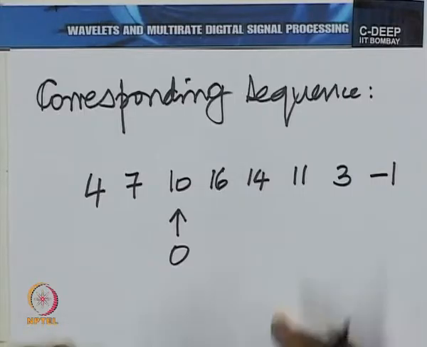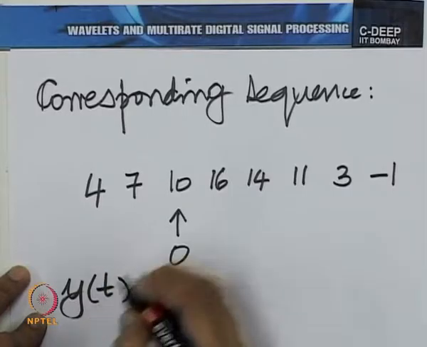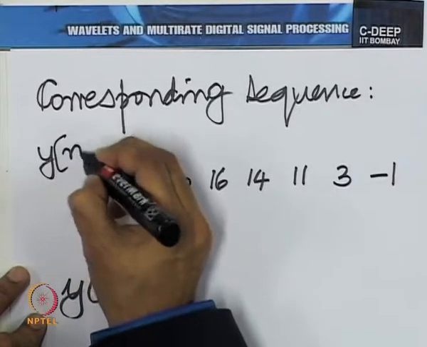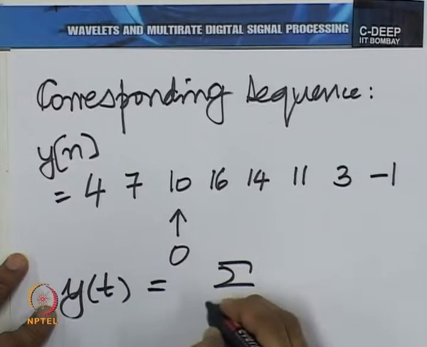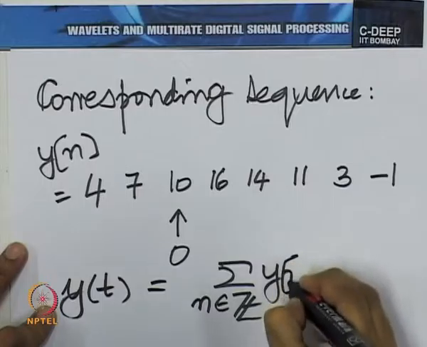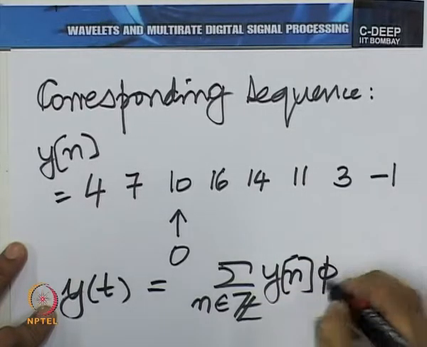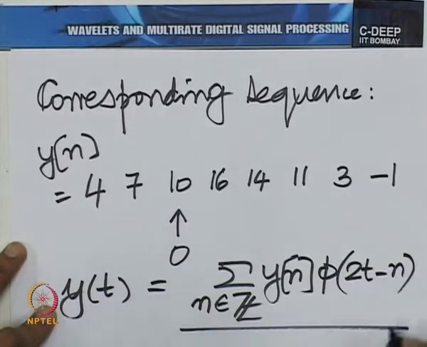So, in fact, what we are saying in effect, if I call this sequence y of n, is that y t is the summation over all the integers n of y n times phi of 2 t minus n. Note phi of 2 t minus n, that is important.